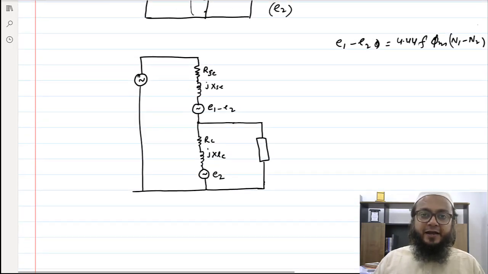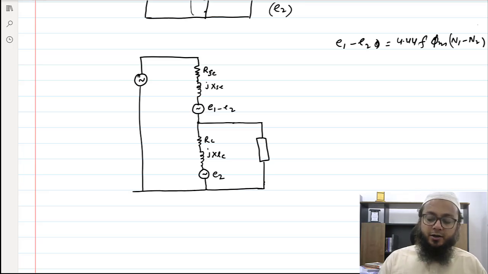Because we have the concept of a two winding transformer, we'll try to draw the equivalent circuit diagram of this autotransformer based on the two winding transformer knowledge which we have developed till now, right? We know that the transformer action is happening between these two portions, between portion AB and BC, so I'm bothered about this configuration only.